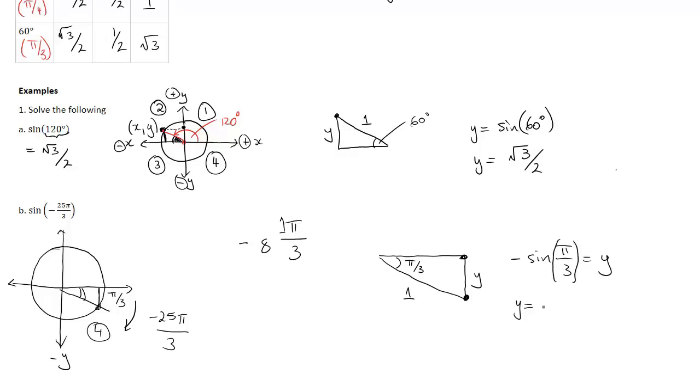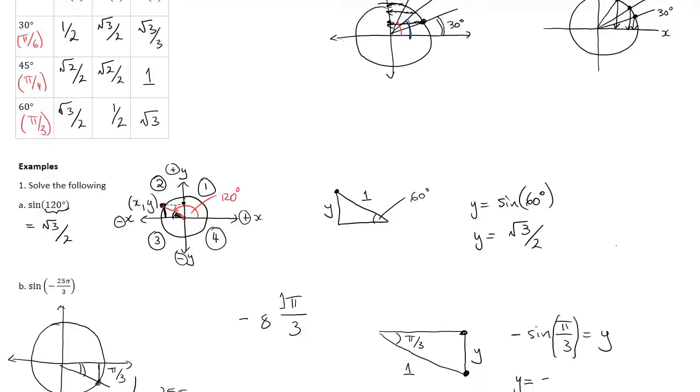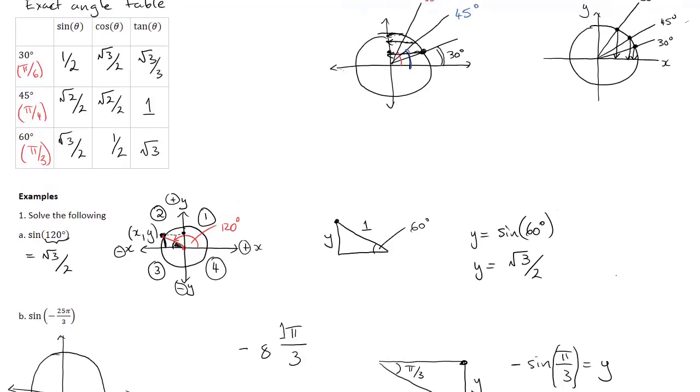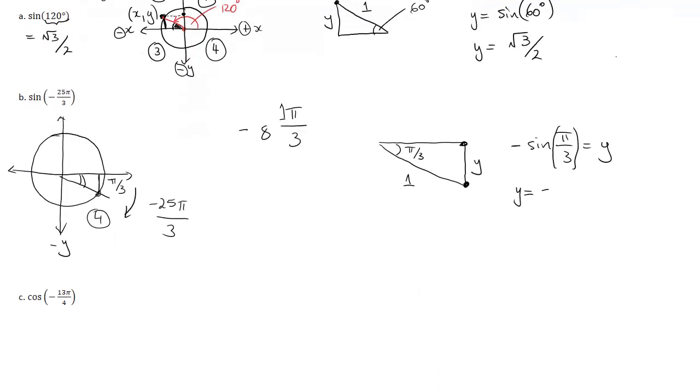And so what we end up getting is negative, let's have a look. Pi on 3 is the equivalent of 60 degrees. So sine of 60 degrees is square root of 3 on 2. So the entire answer is negative square root of 3 over 2.